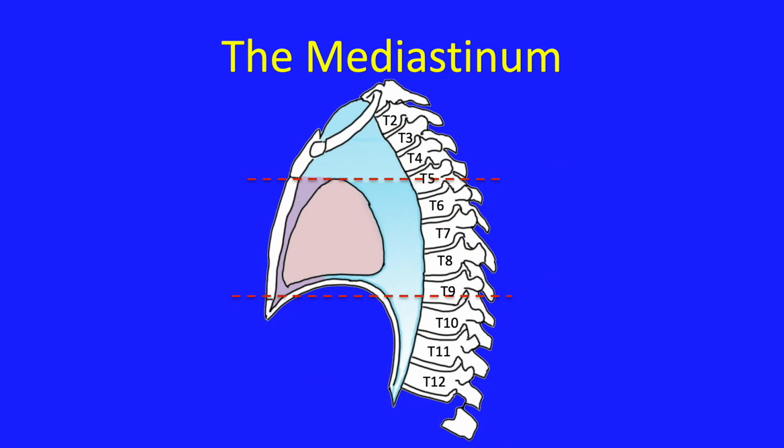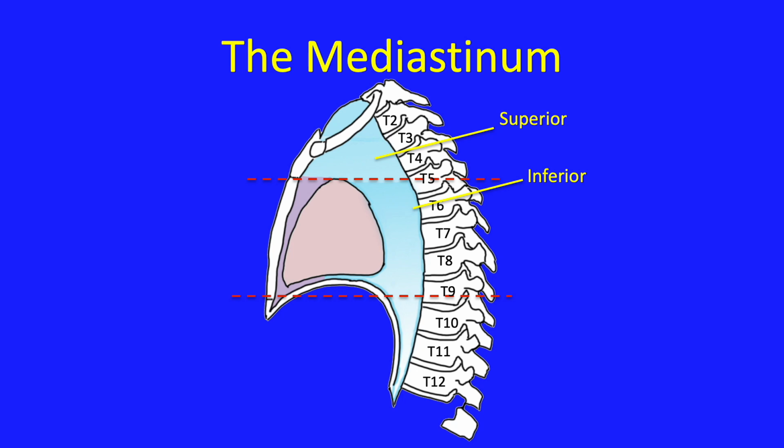Recall that the mediastinum is divided into a superior and an inferior division at the transverse thoracic plane by an imaginary line that runs from the sternal angle, the angle of Louis, posteriorly to the intervertebral space between T4 and T5.